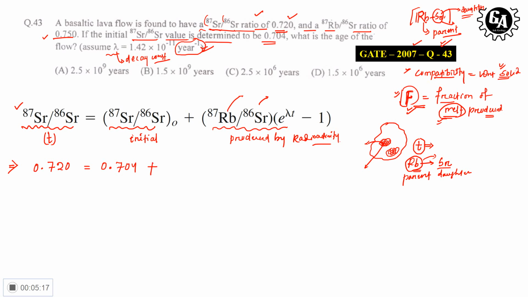What is the produced Rb/Sr ratio? Here you can see the Rb/Sr ratio is also given, that is 0.750, times (e^(λt) − 1).